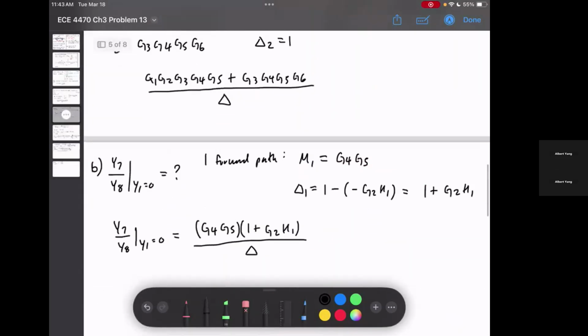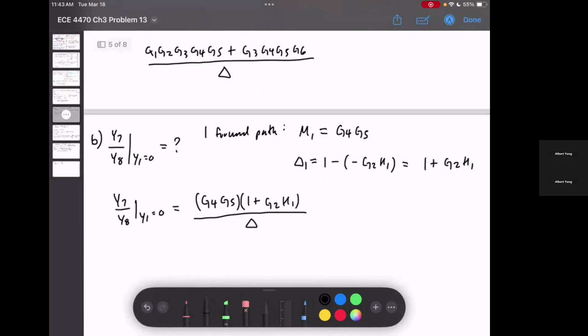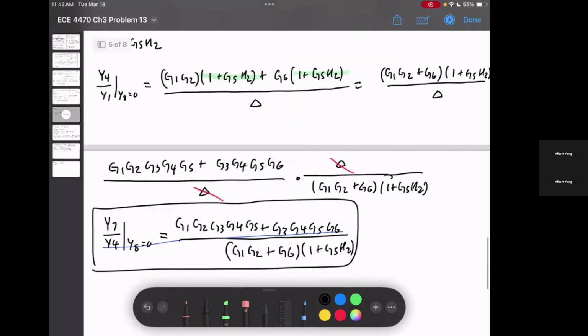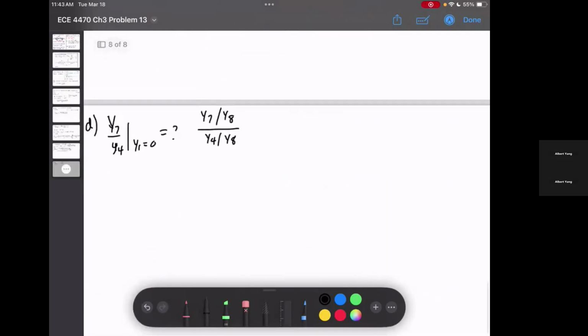I think we have that in part B, with y1 equals to 0. Yes, so we have that, and then we need to find y4, y8.